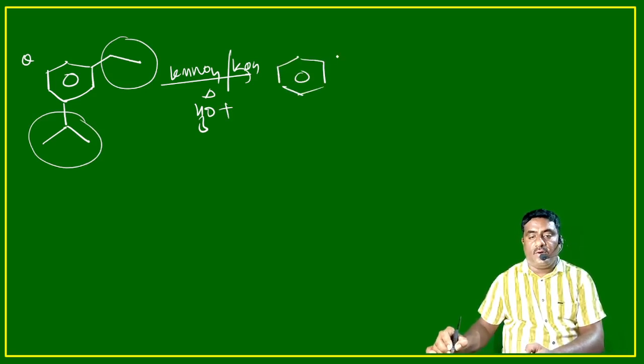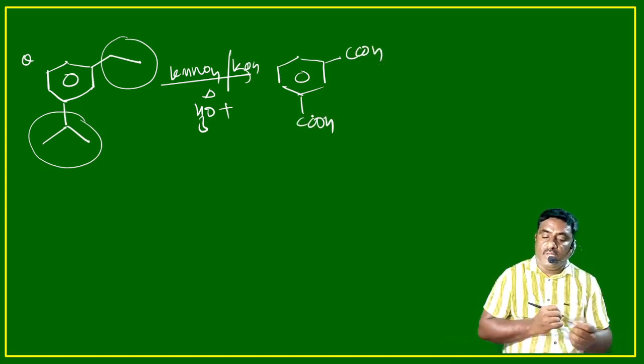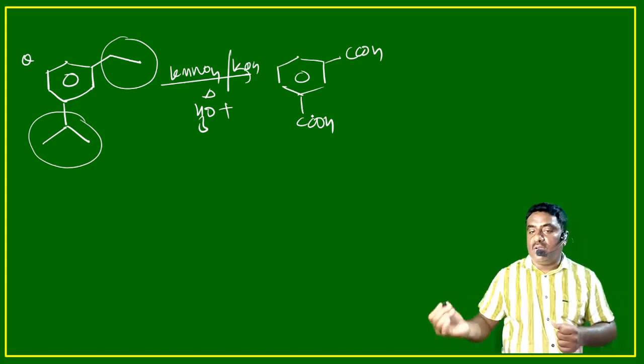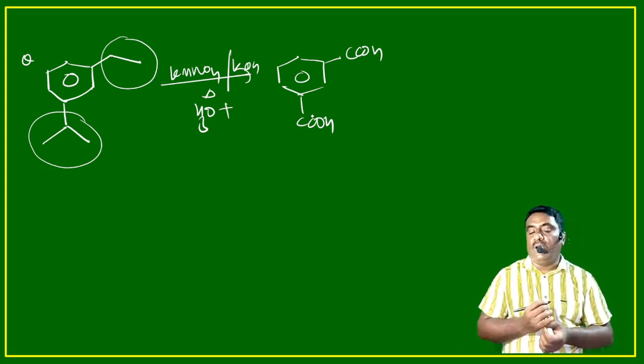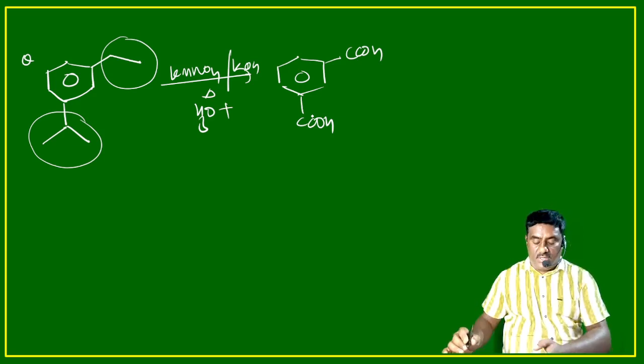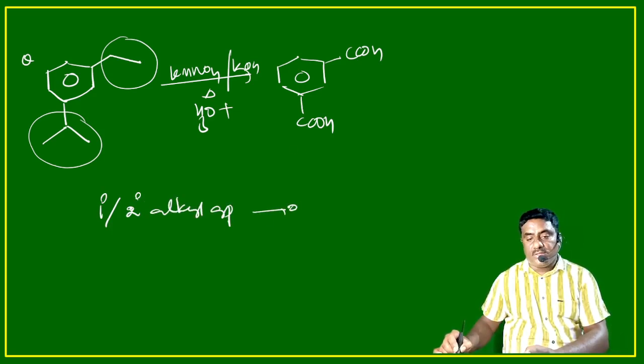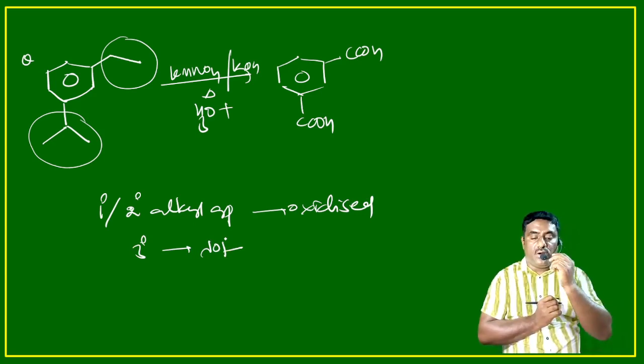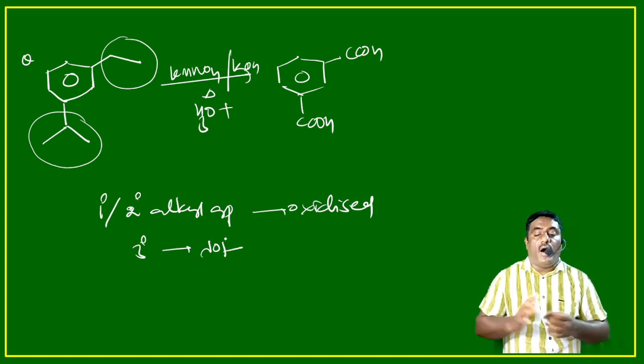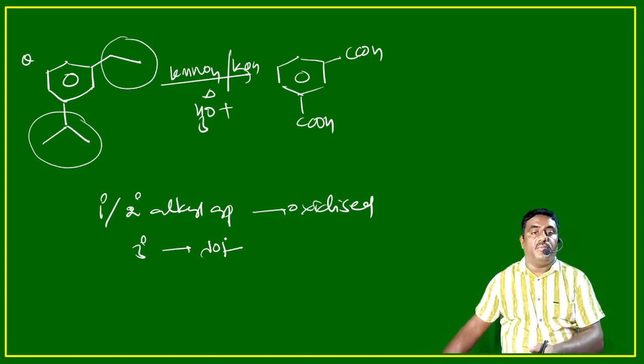It forms COOH and COOH. The entire carbon chain is converted to a carboxylic group irrespective of the side chain. So generally primary and secondary alkyl groups are oxidized. Tertiary is not oxidized. This is from alkyl benzene.